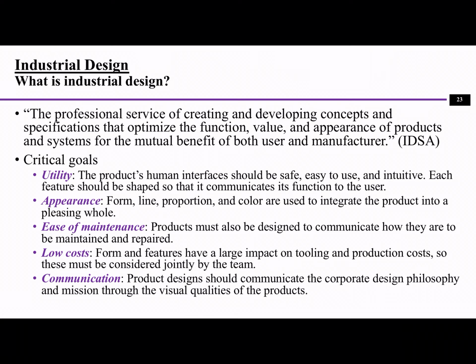We learned about ergonomics in 331. And all these visions, the colors, and also the principles of design can all be applied to this. Another goal for industrial design is appearance. So basically, the appearance should be able to attract customers, right?